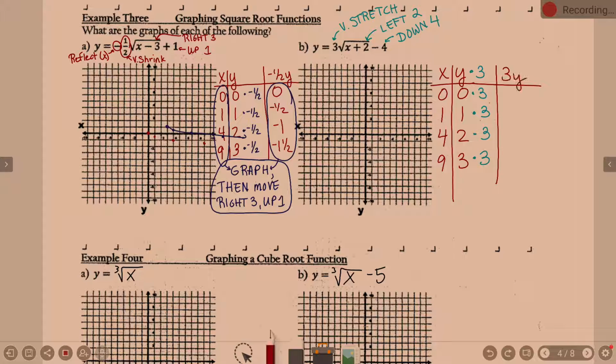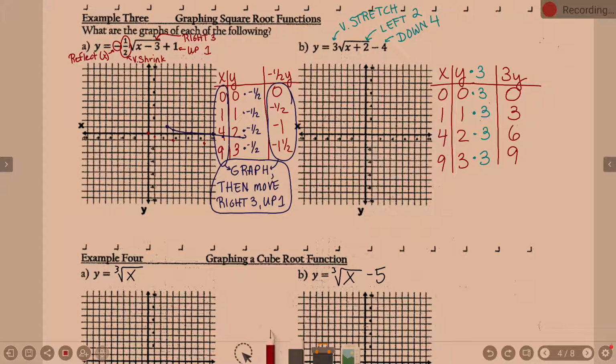So we're going to see what we get with 3y. Okay. 0 times 3 is 0. 1 times 3 is 3. 2 times 3? And 3 times 3? 9.